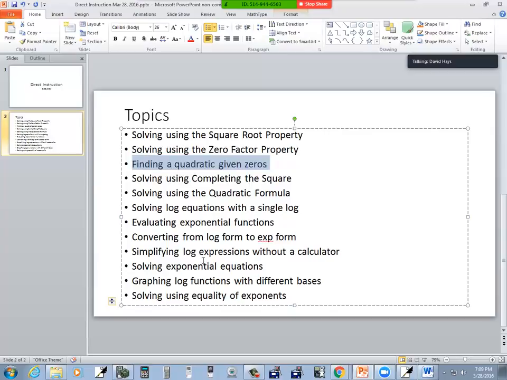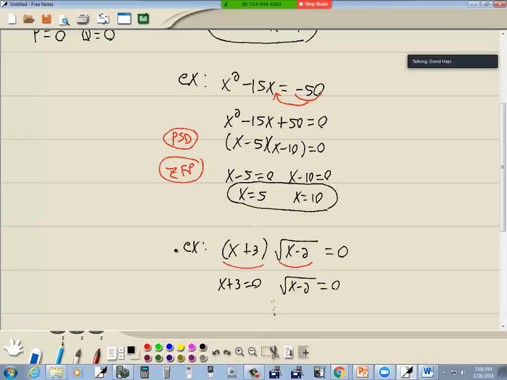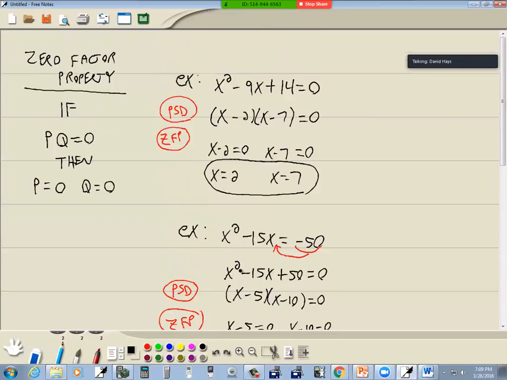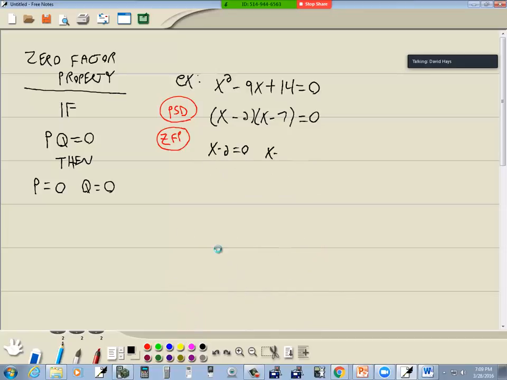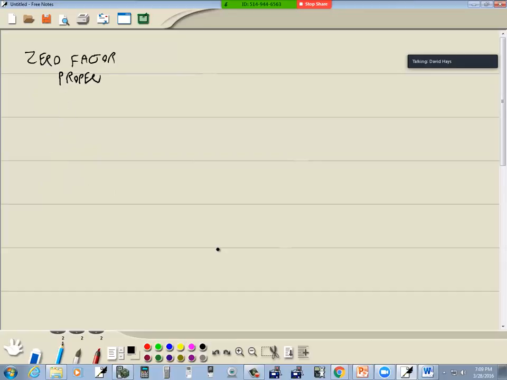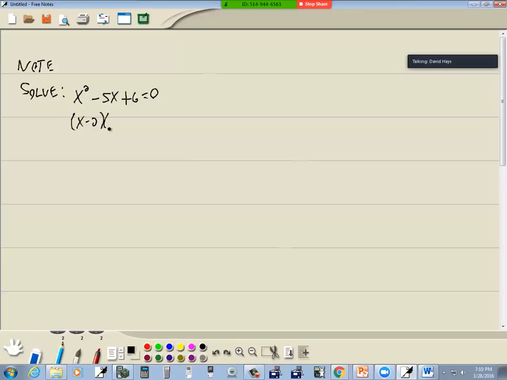Now the next topic is finding a quadratic given zeros. And we have to look at some notation, some definitions before we understand this. If I was solving x squared minus 5x plus 6 equal to 0, then I would factor these.